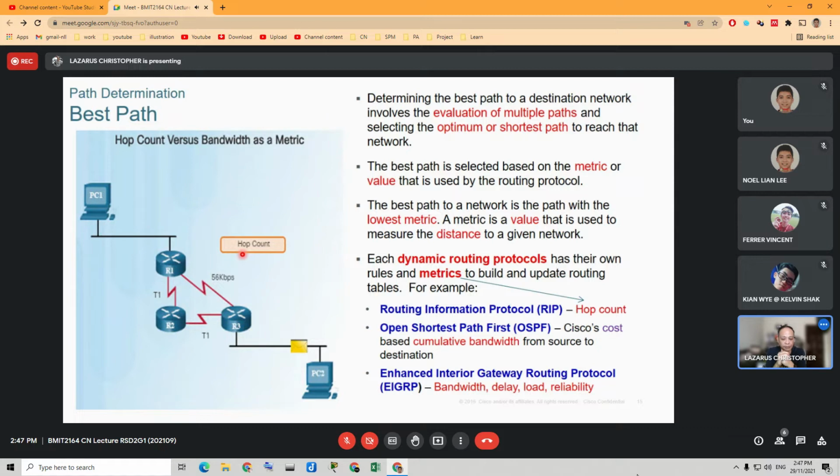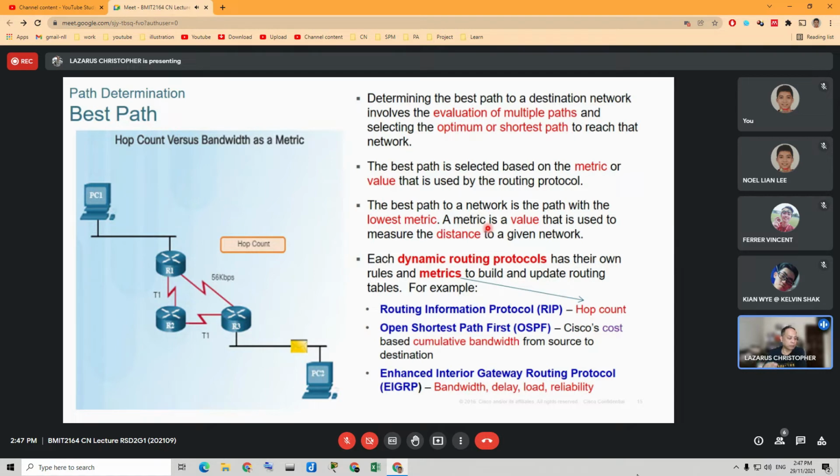Or based on bandwidth. If you base it on bandwidth, then this one will probably win, because it's the faster bandwidth. Again, it depends. So metric is the generic keyword that we use as a measure.